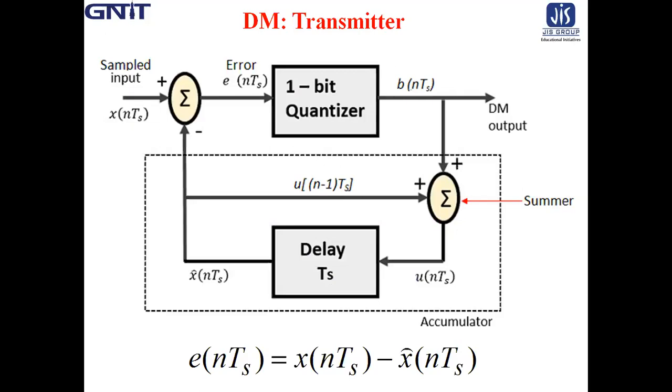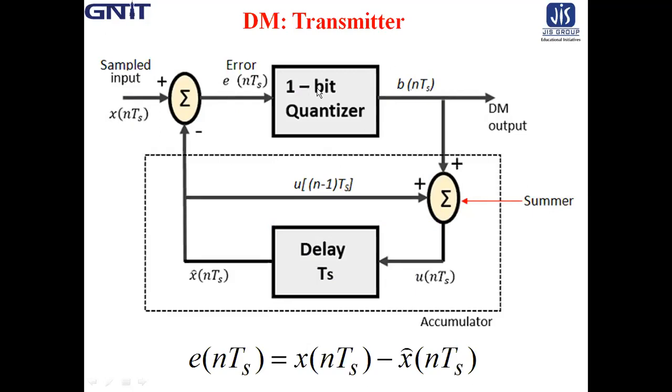So this is the transmitter circuit of the delta modulator. Here the present sample value is x(nTs). Remember that the present sample value here is x(nTs) and the previous sample value is x cap(nTs). So first it goes to an adder circuit or subtractor, plus minus. Then an error signal is generated, which is denoted as e(nTs).